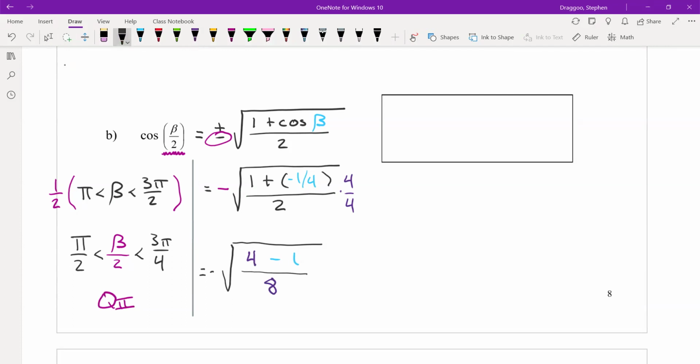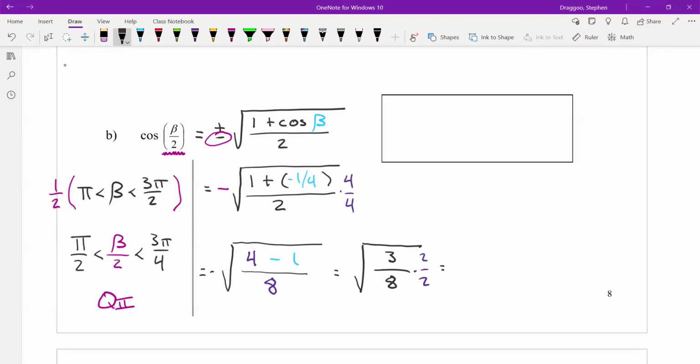And start to simplify this. I'm looking at the square root of 3 divided by 8. And in an effort to simplify this thing as much as possible, I'm going to multiply top and bottom by 2, just so that my denominator is a square number.